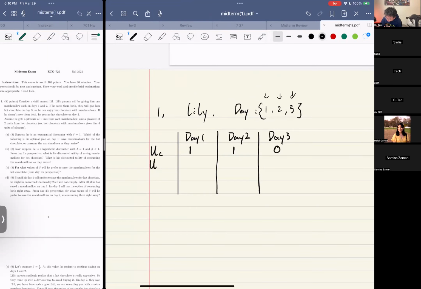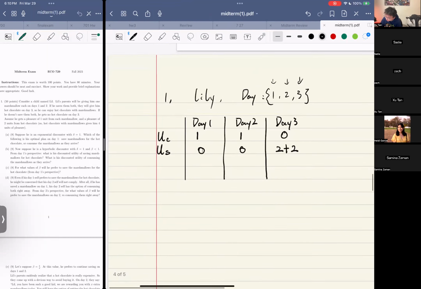Utility of saving would be day 1, you save, you don't consume, so there's 0 utility, and day 2, same thing. And day 3, you have 2 marshmallows plus 2 units of utility from the hot chocolate.